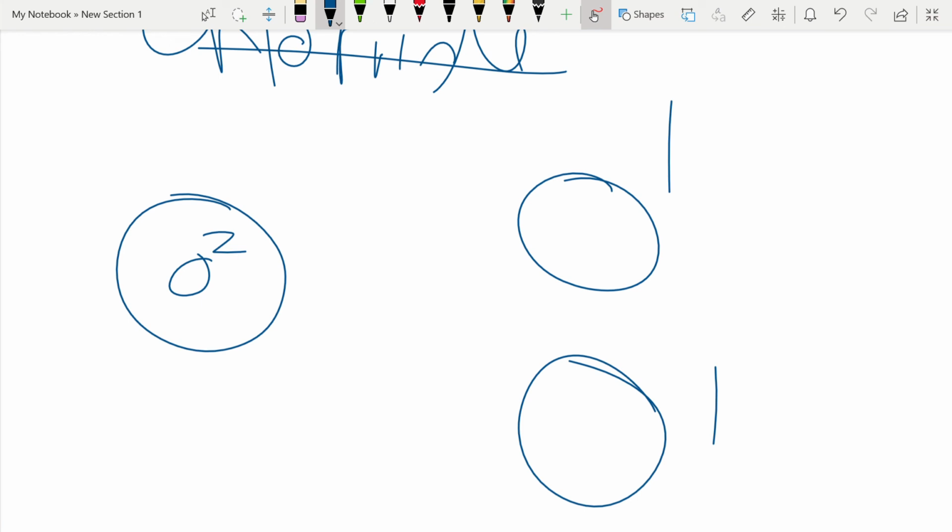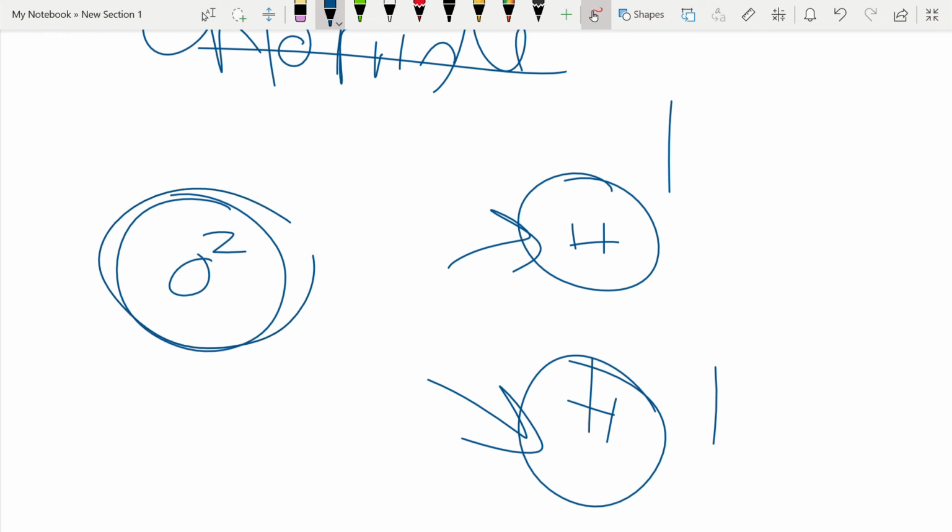So hydrogen needs one, right? And oxygen is the eighth element, meaning there are 8 electrons. So the configuration is going to be 2, 6.